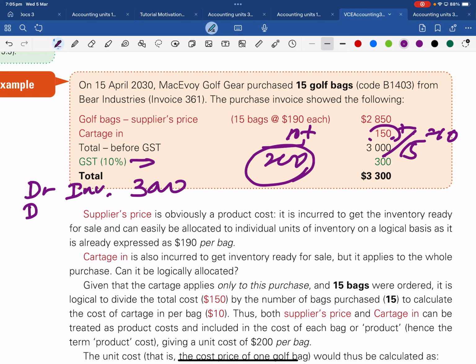Then you debit the GST clearing, 300. Where do you credit? Accounts payable. Why is it accounts payable?